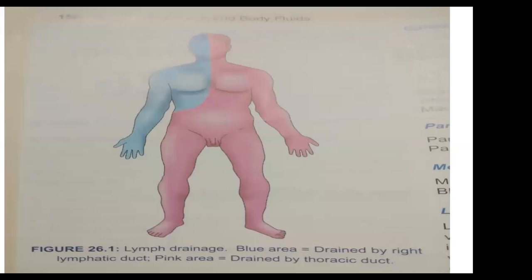It drains into the right lymphatic duct, while the rest of the body, which is colored pink, means the whole lower half and the left upper half, drains into the thoracic duct. This is the drainage. And you can imagine if there is a block to the flow, then the part being drained will swell up.